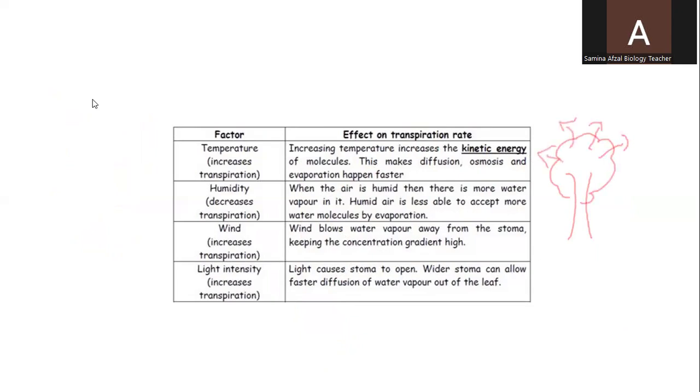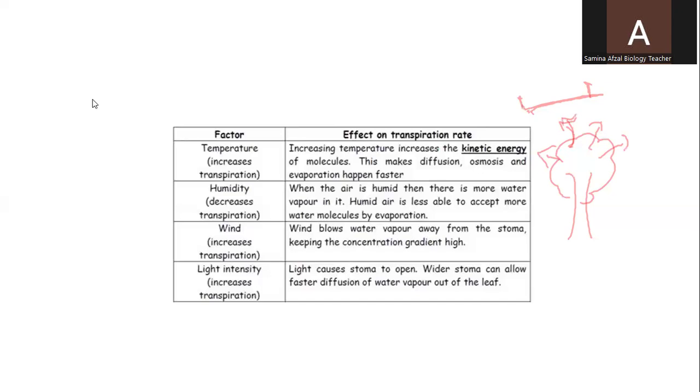When there is high temperature outside the leaf, water will be in lower water potential outside, so water from leaves will diffuse out into the air.